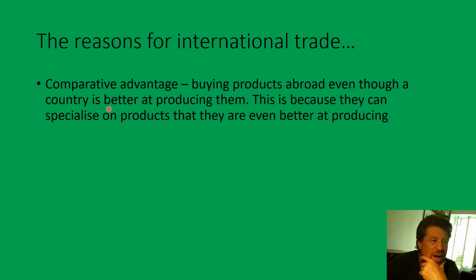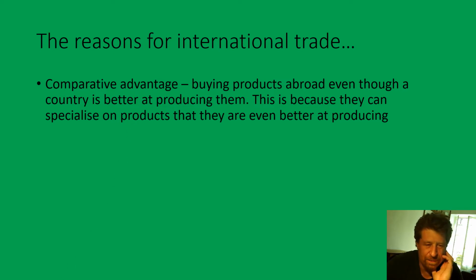This is called comparative advantage, because what happens here is the country that is not good at producing anything uses its resources to produce what it's least bad at. And so the country which it trades with can focus its resources on what it's best at.